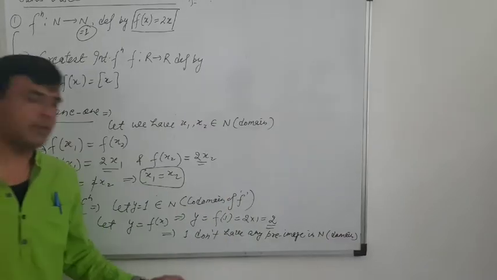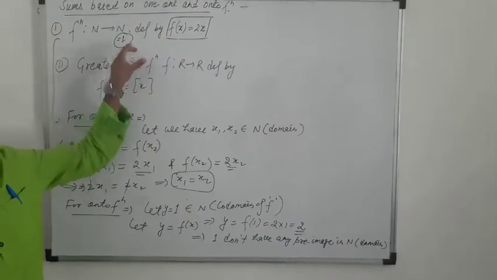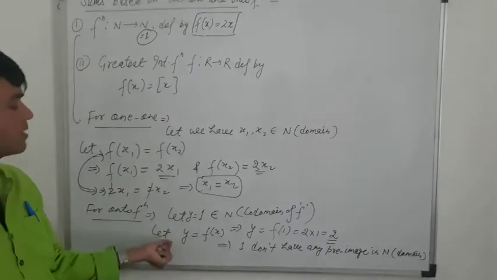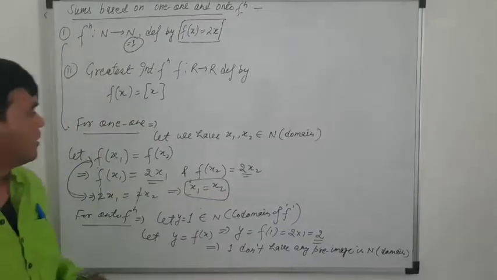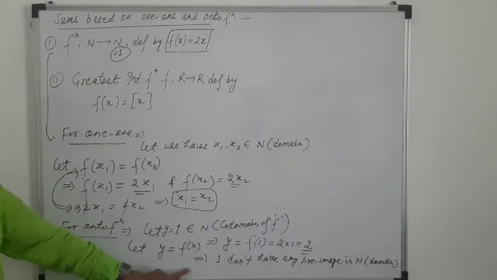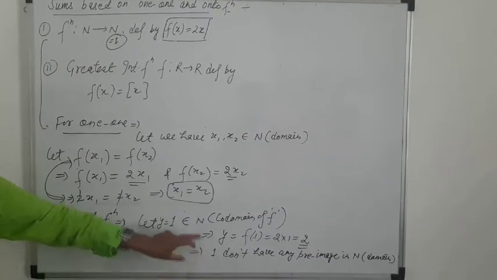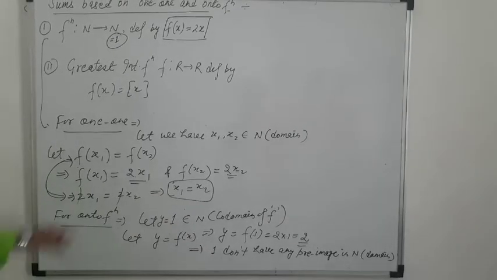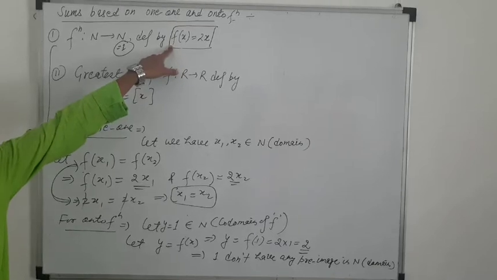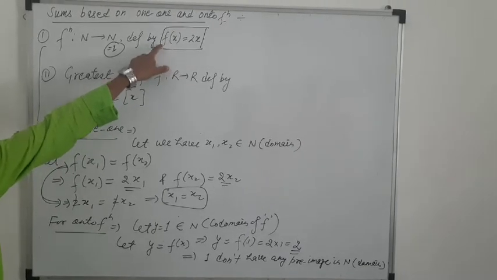It means there are many elements in the codomain which don't have any pre-images in the domain. That's why this function is not an onto function. So you can see easily that this function is one-one, but not surjective or onto, and combinedly you can say that this function is not bijective, or not one-one and onto.